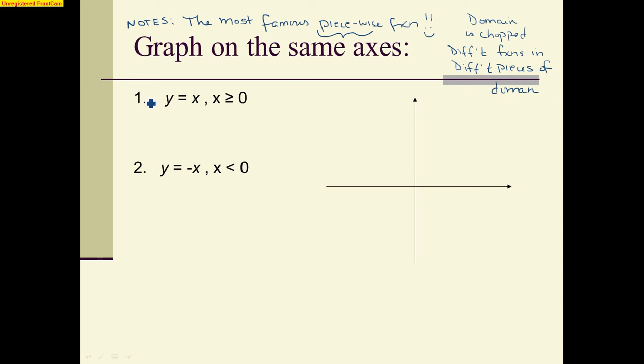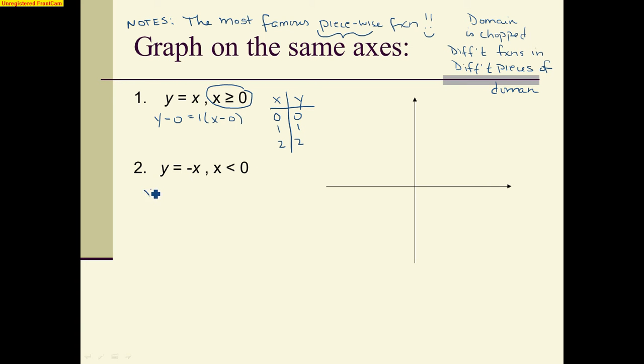So, if I ask you to graph both of these equations on the same axes, this is y equals x, this is normal, y minus 0 is equal to 1, x minus 0. However, I'm only letting you graph from 0 to the right. So when x is 0, y is 0, 1, 1, 2, 2.